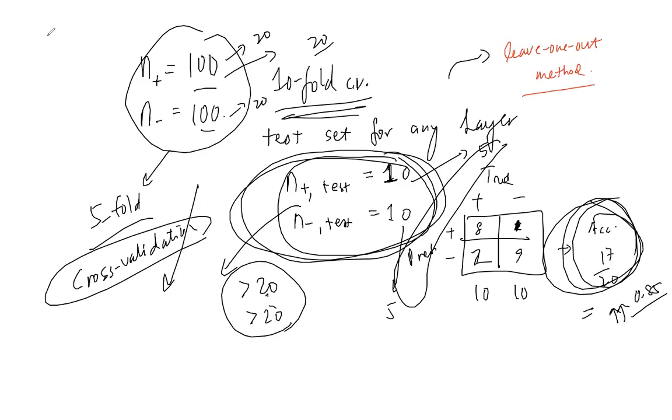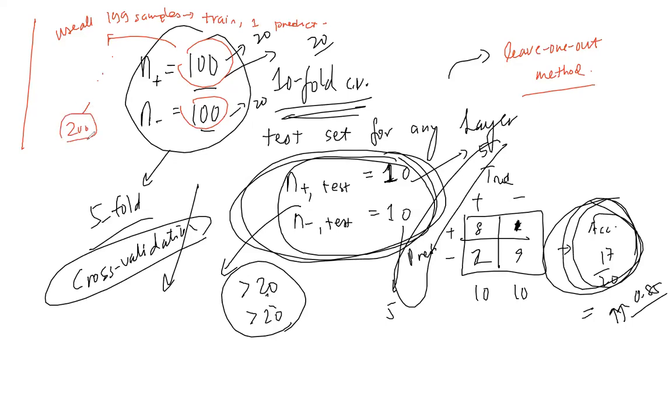So leave one out basically is just like this. If you have 200 samples, I will use all 199 samples to train, and then a single one to predict. Then I will repeat this. In this case, for each one, I repeat 200 times.